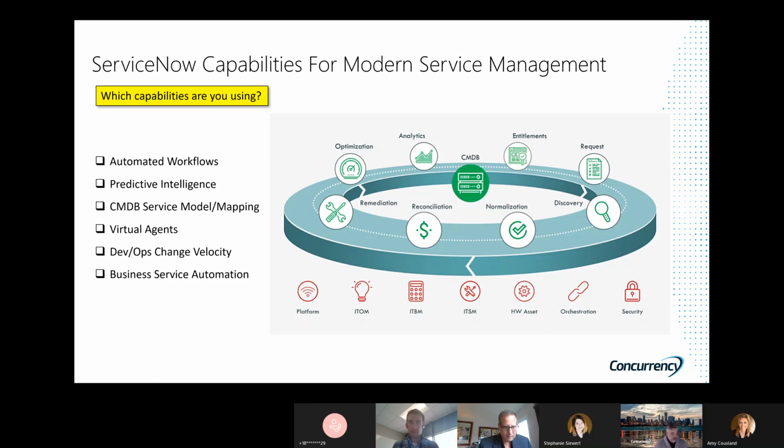So within the context of your CMDB, if you're just getting started in your CMDB journey and you've ingested some assets into your tool, the next level of that is really leveraging service mapping and application design and technical service mapping to align those assets to those services within the context of your organization.